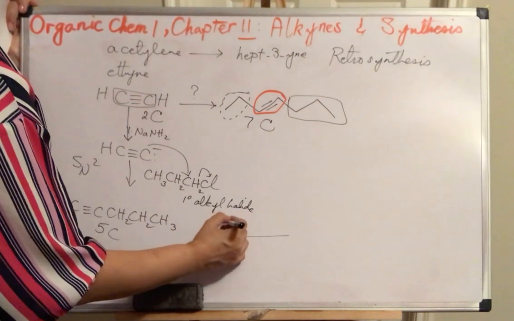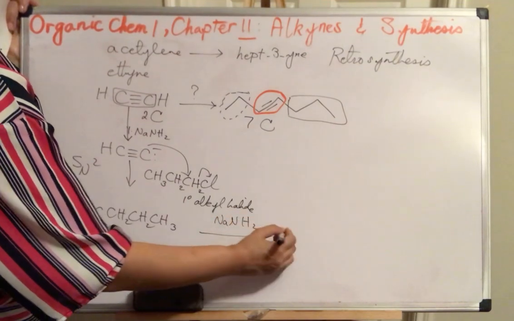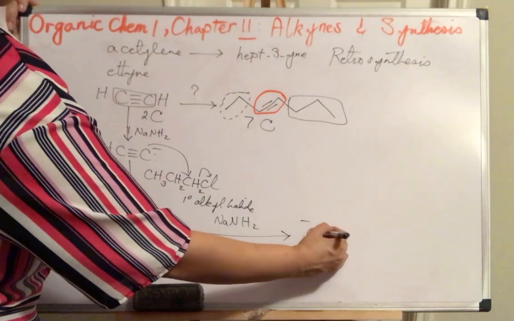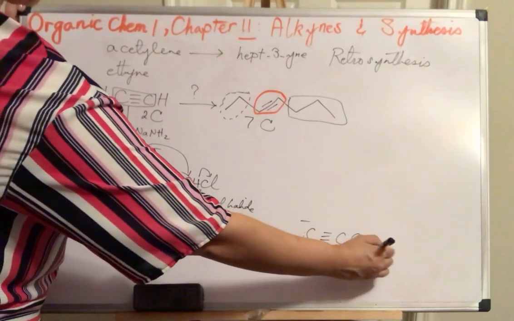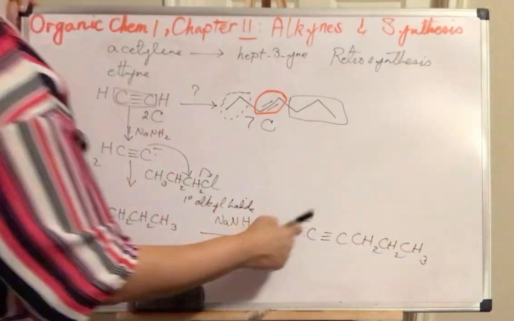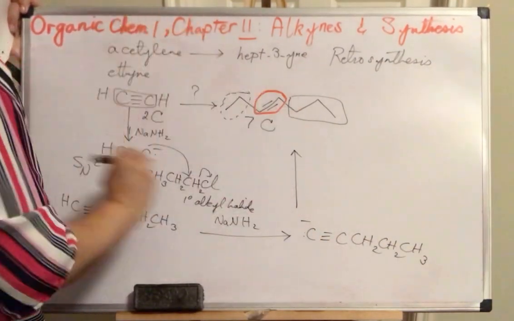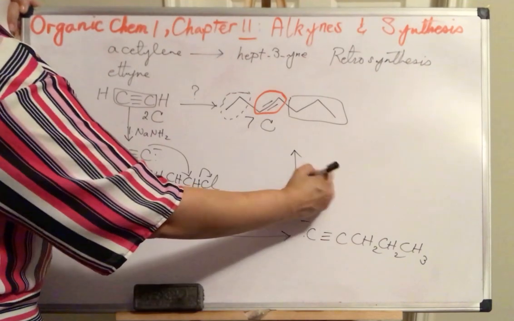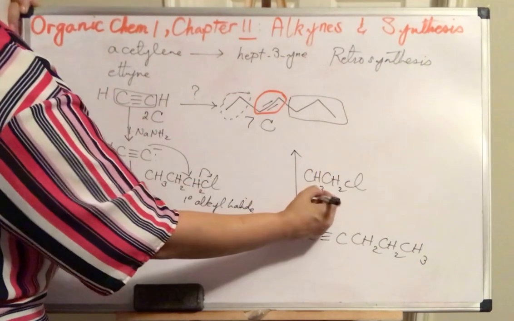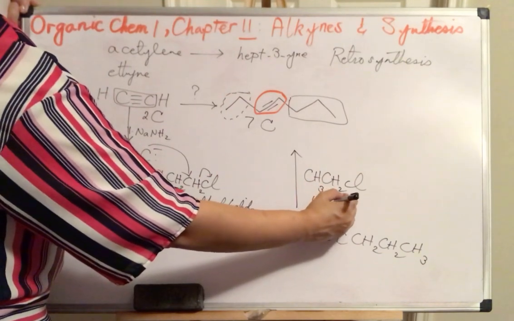So use another NaNH2, then draw it without the hydrogen. And you need 2 carbons, I'm sorry, CH3, CH2, Cl, another primary alkyl halide.